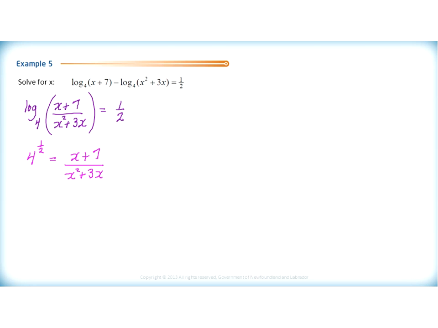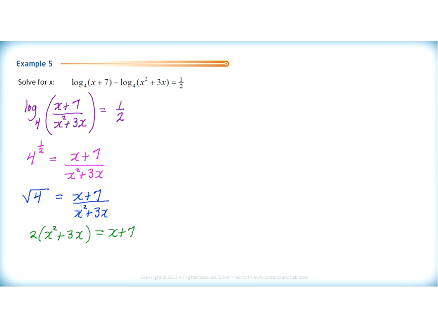4 to the power of 1/2 can be rewritten as a radical, which is equal to the square root of 4 is equal to x plus 7 divided by x squared plus 3x. The square root of 4 is equal to 2. So we have 2 multiplied by x squared plus 3x is equal to x plus 7.